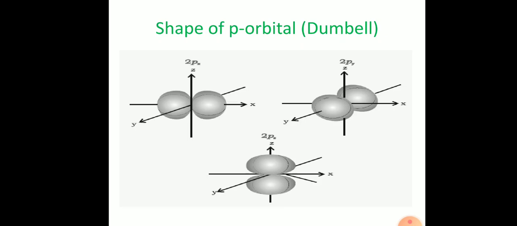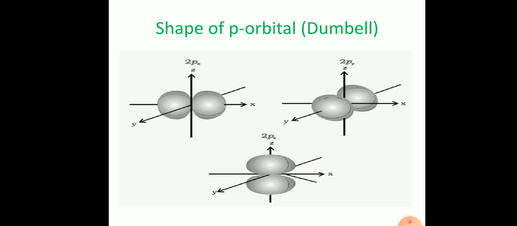So in case of p orbital, we have got three subshells, as we know. One is px. So px orbital is dumbbell shape along x-axis, py along y-axis and pz along z-axis. So you can see the diagram.